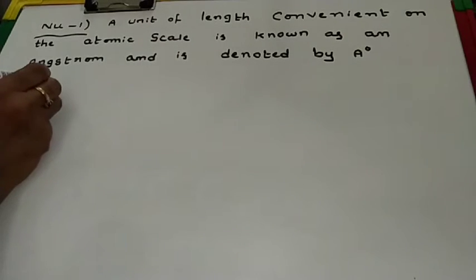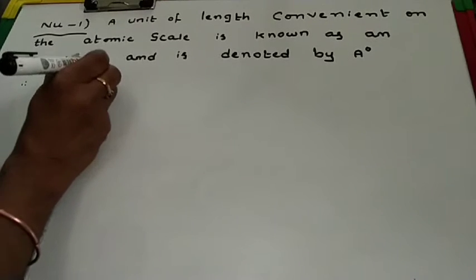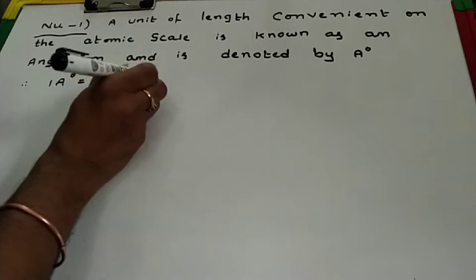Therefore, 1 angstrom is equal to 10 to the power of minus 10 meters.